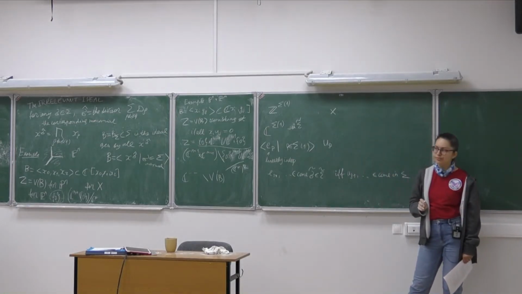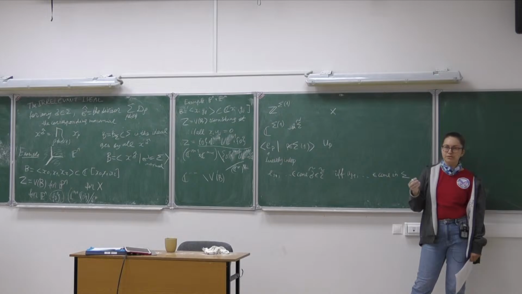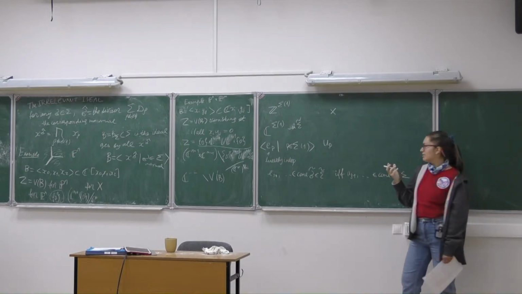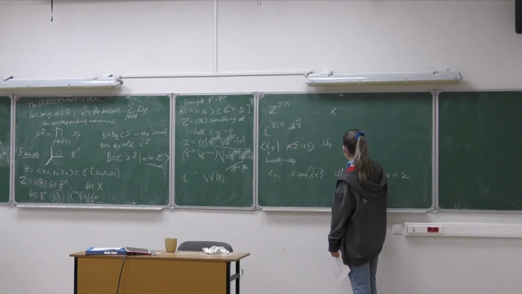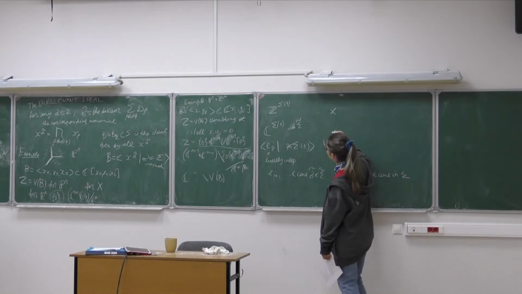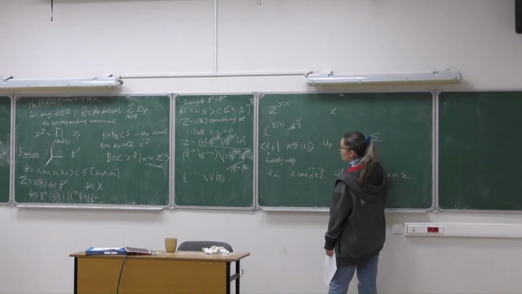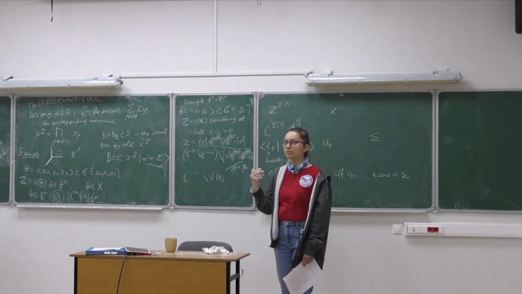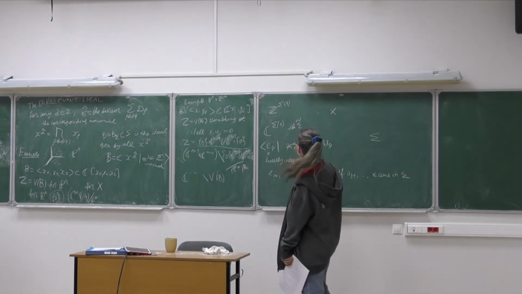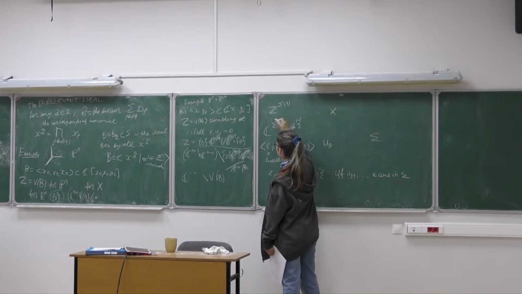Just formally: if some vectors were generating cones in the fan sigma, we say that their preimages in this space will be in a cone.